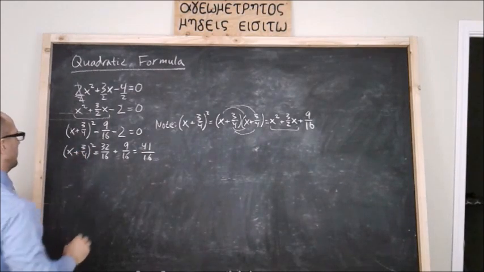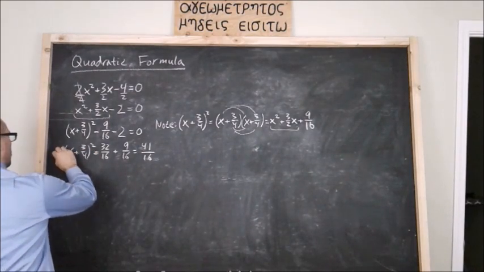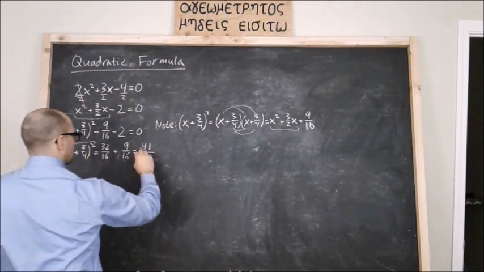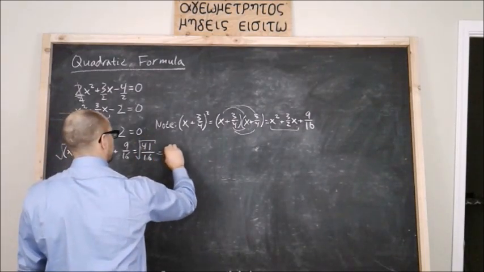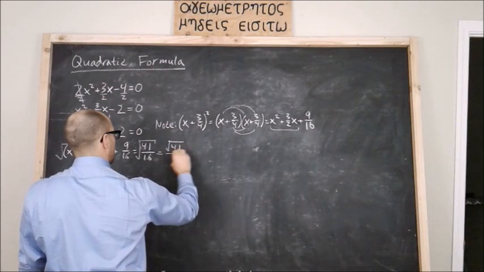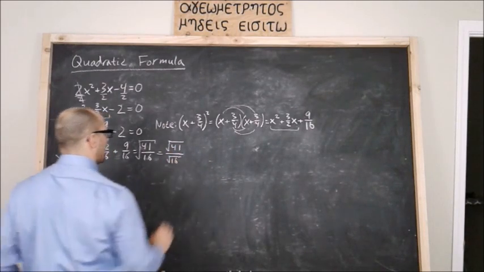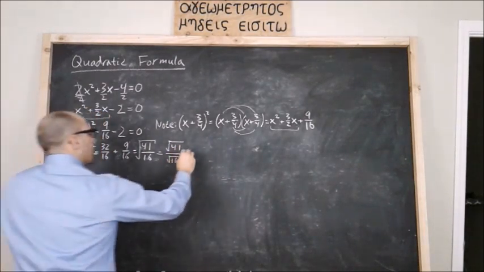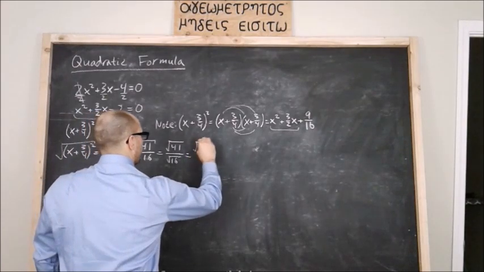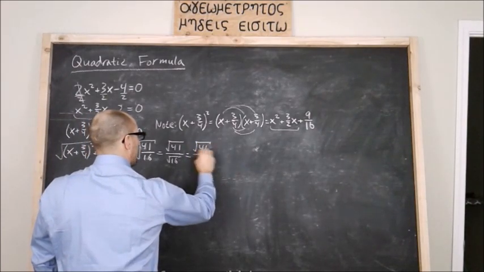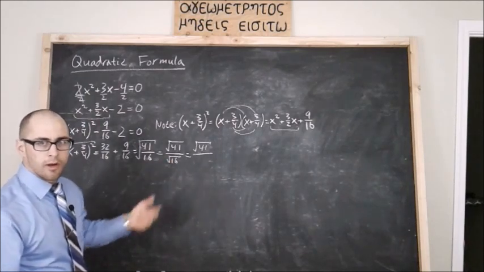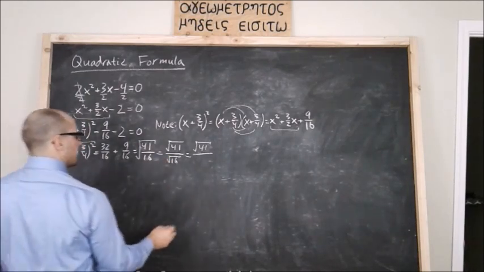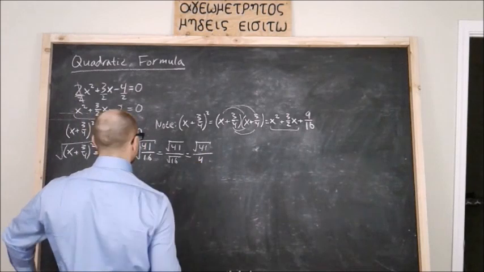So now, to undo a square, I can take the square root of both sides. And the square root of that is the same as the square root of the top and bottom separately. Then square root of 41. 41 is a prime number, meaning we cannot factor it into the product of 2 or more other numbers. Square root of 16 is 4.